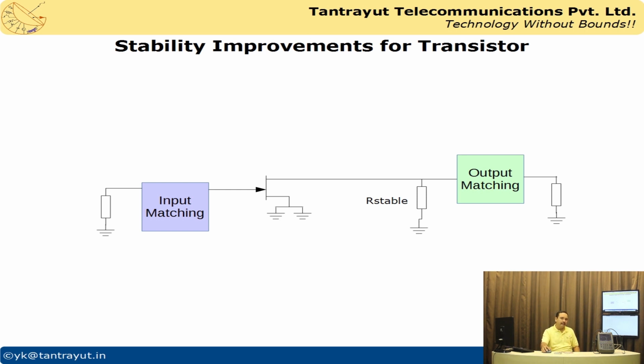In this particular design and in this particular set of problems, I have tried to achieve the unconditional stability for the transistor by adding a shunt resistor at the output of the drain and before the output matching network. With the stability problem solved, the next step in the design is to then think of input and output matching networks.